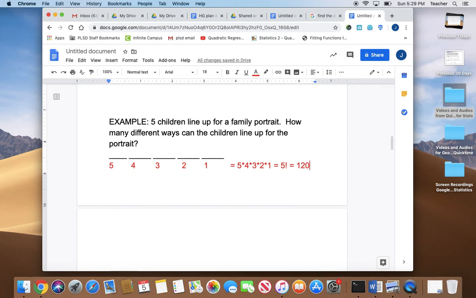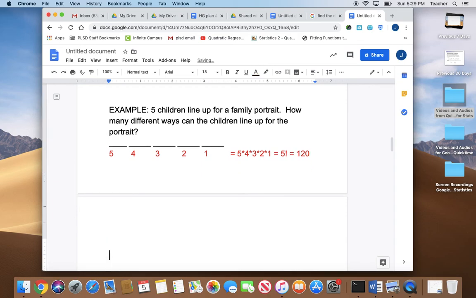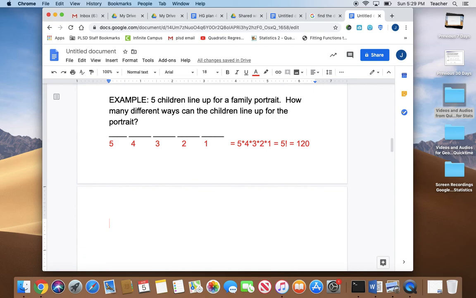Now let me give you some notation for that. If you have permutation, you will see this oftentimes.